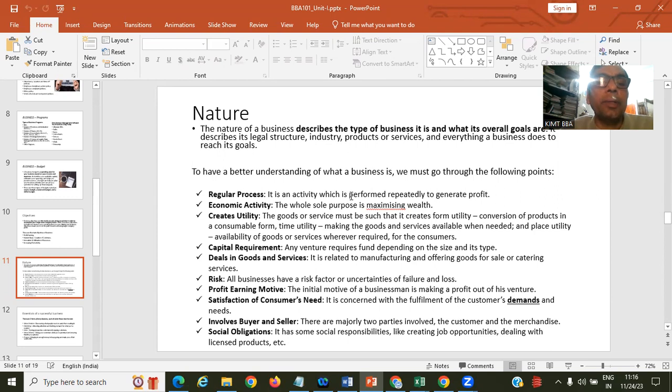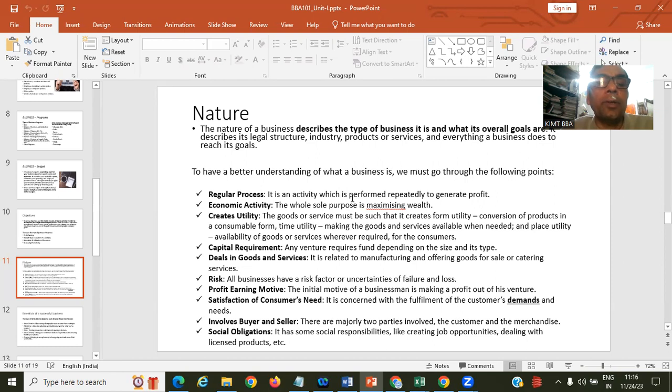Regular process. So anything you do in business should be regular, should be in a cycle manner. If you are selling a bike or car one time, that is not a business, because that is not your daily job. If you're doing the same thing, getting old bikes and selling them, making profit out of it, then that is business.